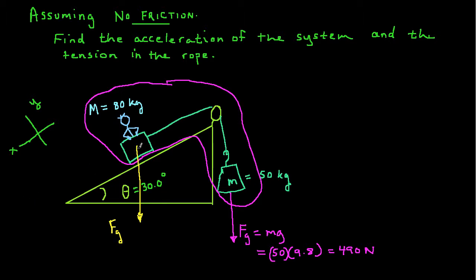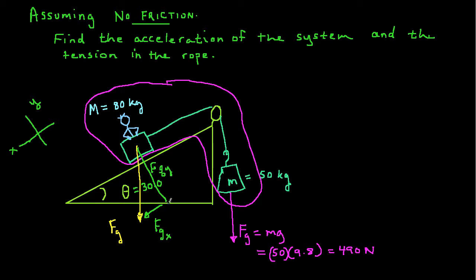So it has one component perpendicular to that, straight into the ramp, and one straight along the ramp. Let's call this FGX, and this one here FGY.